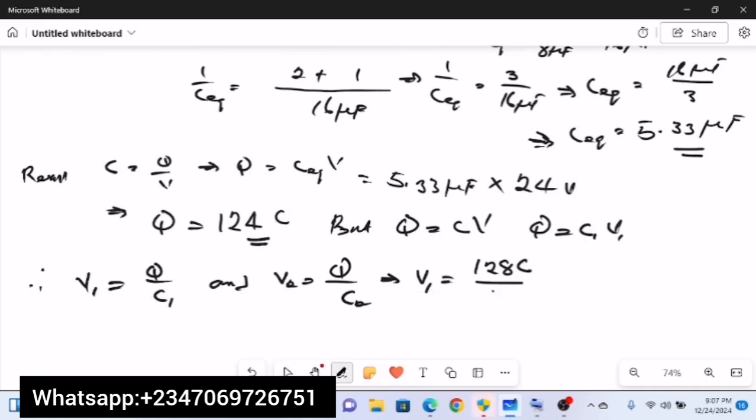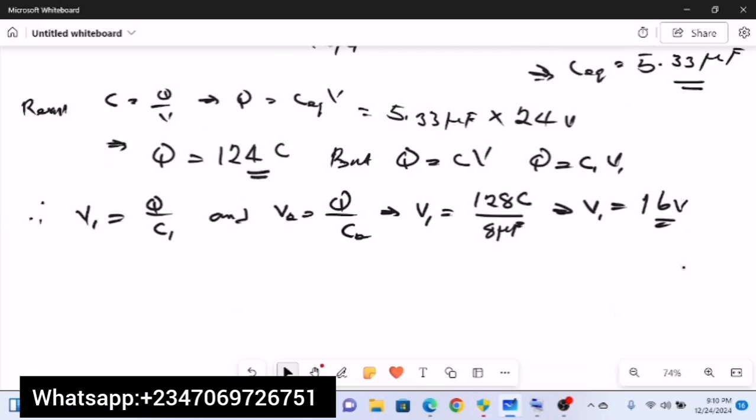So this simply implies that the voltage across the 8 microfarad capacitor becomes 128 divided by 8, and that simply gives us 16 volts.